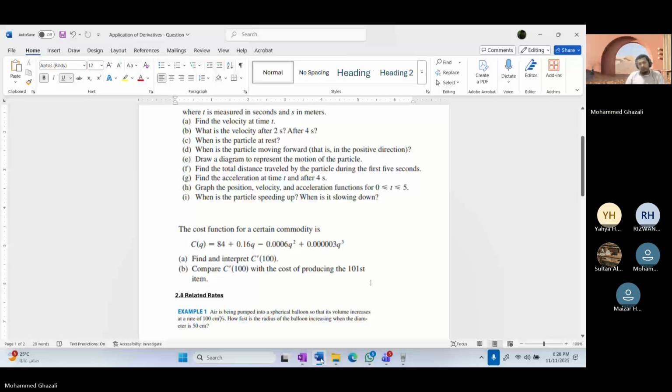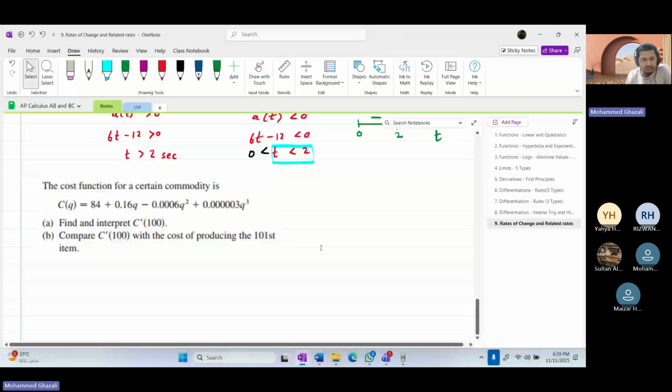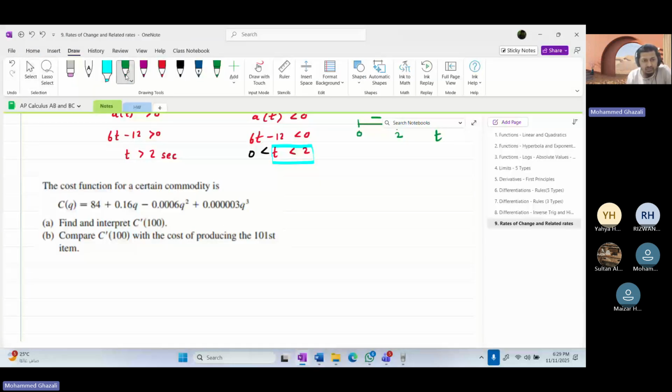What does C prime 100 mean? So find and interpret C prime 100. This is our second question. Oh, sorry, C prime Q first.